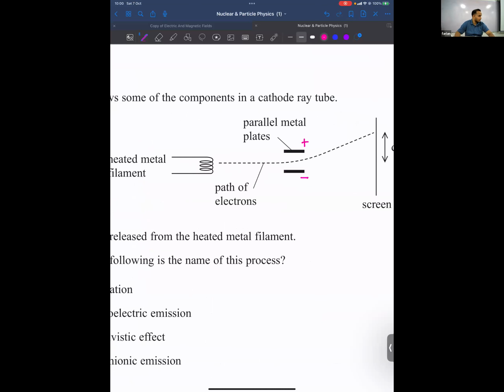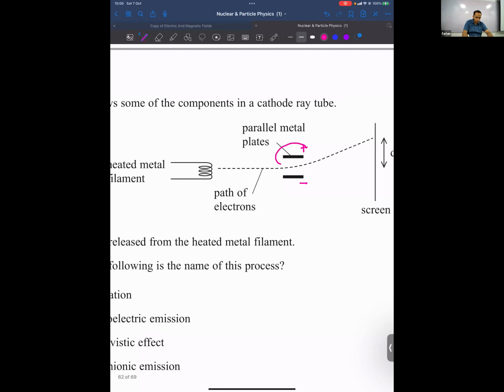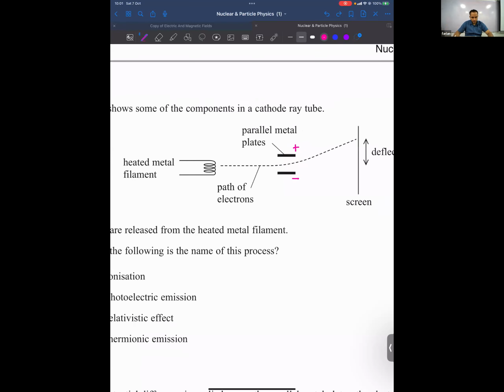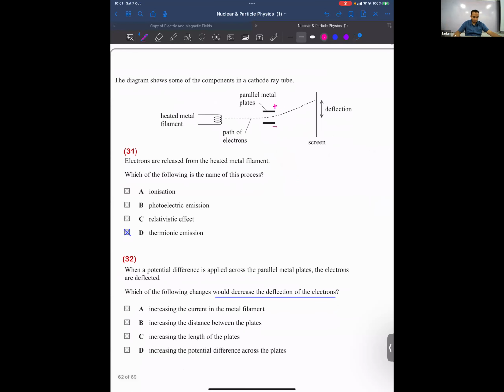Do you agree with me? Why? Because the beam of electrons is getting deflected towards the top plate. So if electrons are negatively charged, then definitely this top plate has to have a positive voltage. Now they have given 4 options.